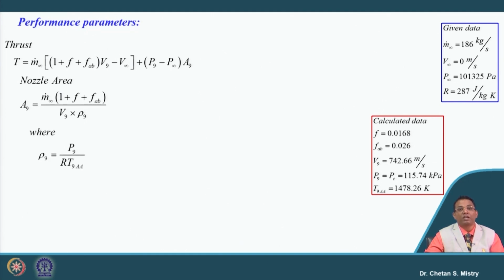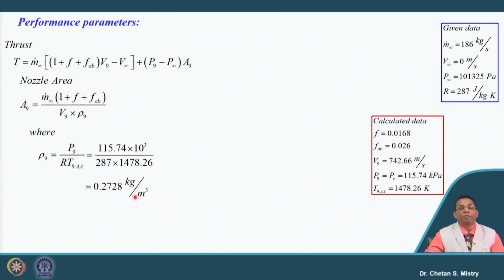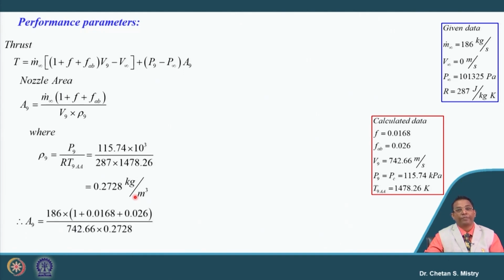So, it is given by P9 by R T9. Here we know our pressure: as we have discussed, my exit pressure is equal to my critical pressure. If we put in these numbers, my density comes to 0.2728.